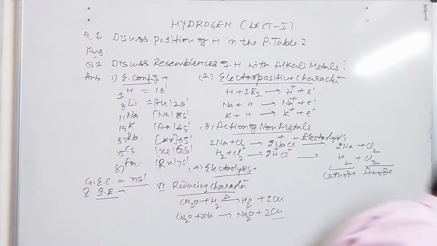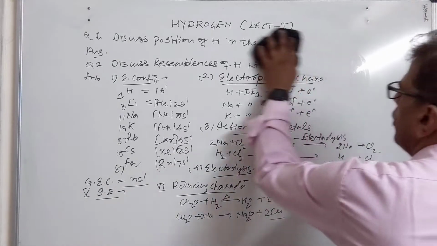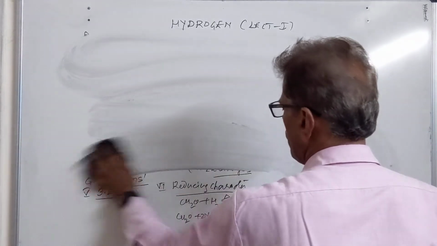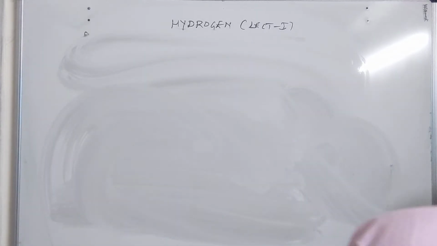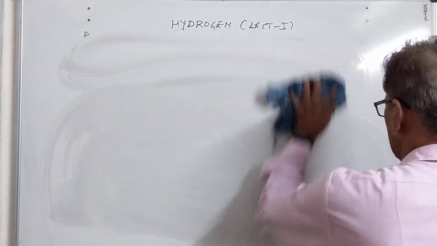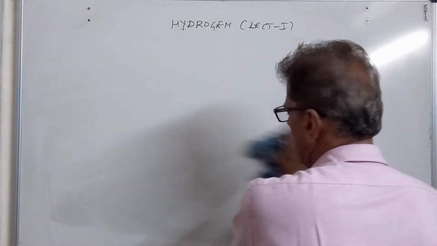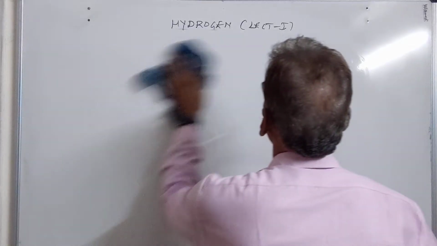Now we come to the next question: resemblance of hydrogen with halogens. This will be our third question of lecture 1 from the hydrogen chapter.